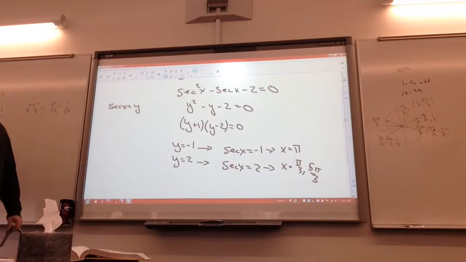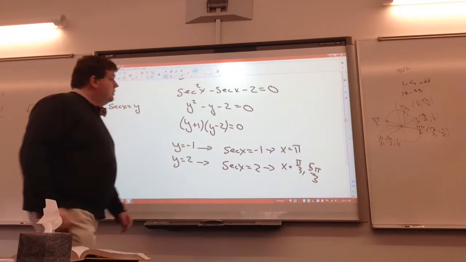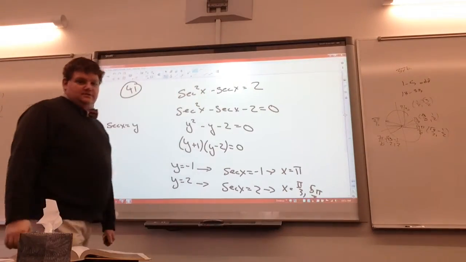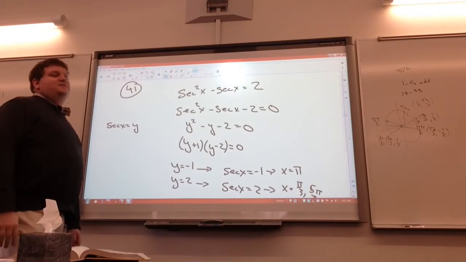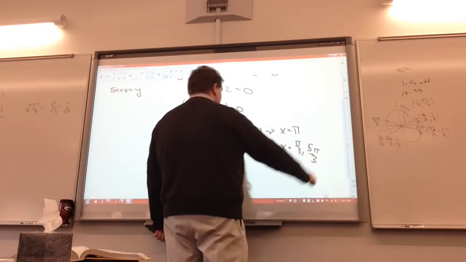Basically, in order to make my life easier to do the factoring here, I made the secant y. You can always do that with quadratics. The original problem wasn't squared, was it? Oh no, the original problem was squared, with the secant squared of x. So the original problem was this one right there. Oh, I thought it was secant squared x minus secant squared x. I was really confused. That would have been easy. That would have been 0. No, yeah, it's not squared.